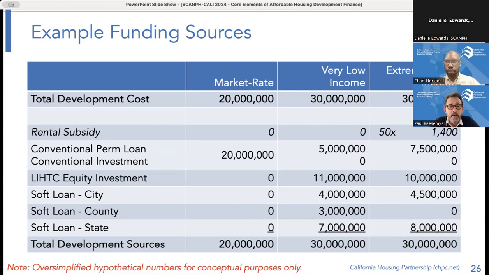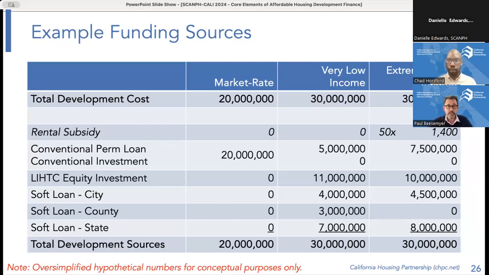And in our extremely low income example, because of the benefit of the operating subsidy or the rent subsidy, they're able to borrow a little bit more. So they're able to support a $7.5 million mortgage rather than 5, but they're still going out hat in hand and having to compete for about $12.5 million of local city or state funding.